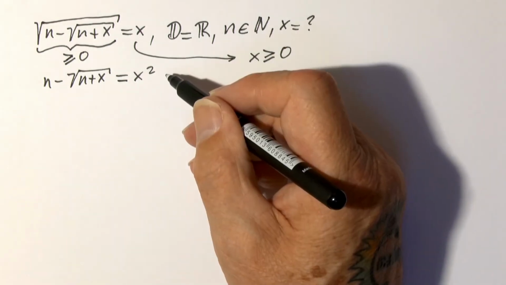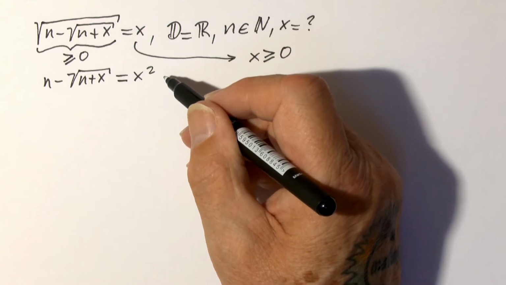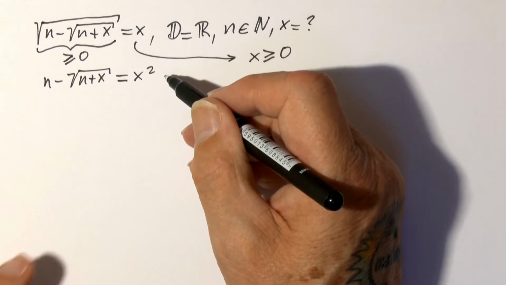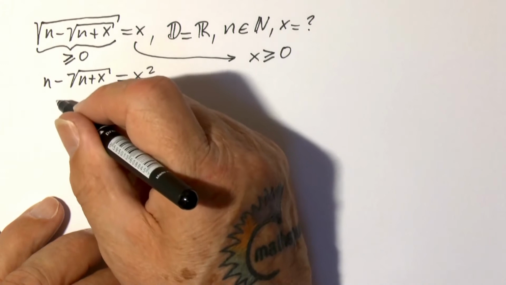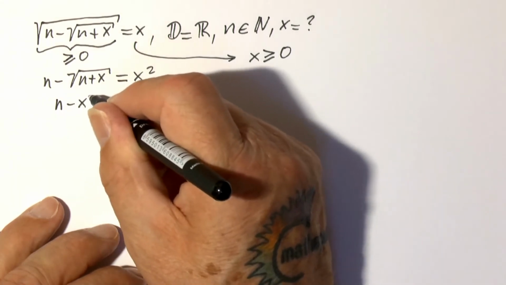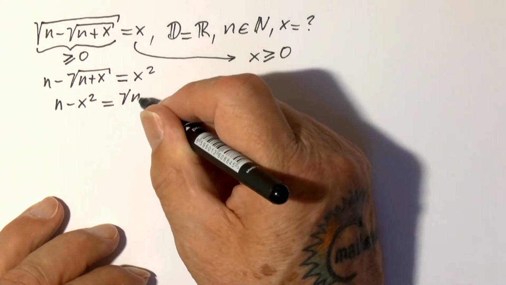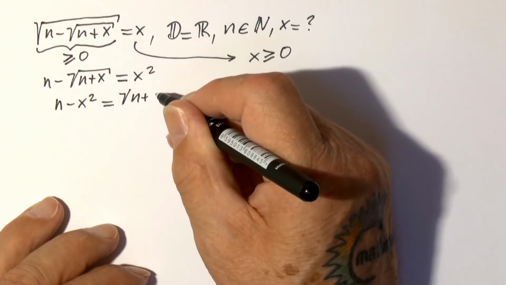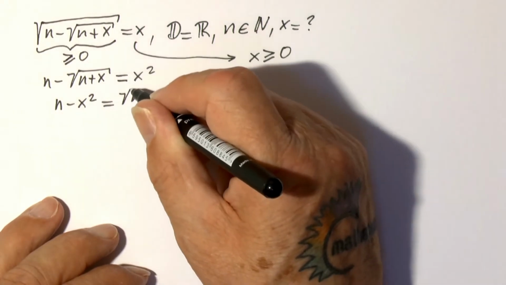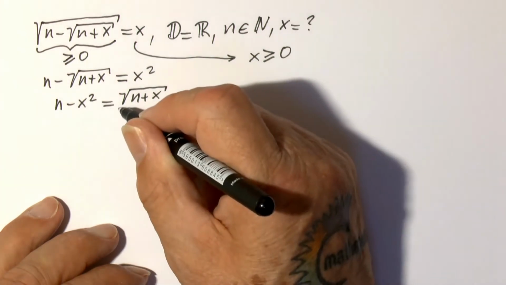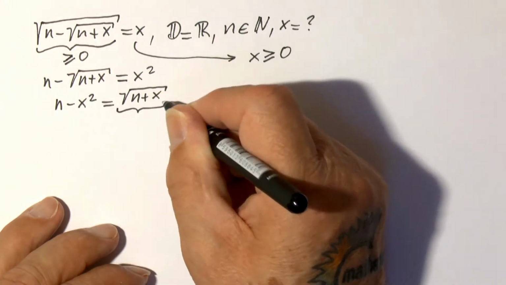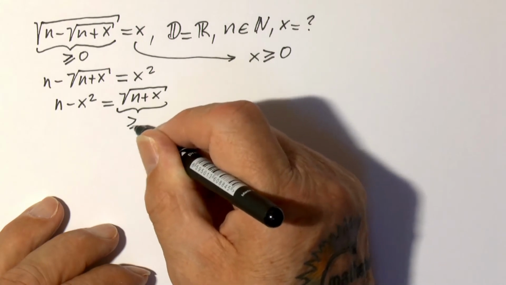After squaring both sides of the equation, we rearrange terms and obtain n minus x squared equals this square root. The right-hand side of this equation is non-negative.